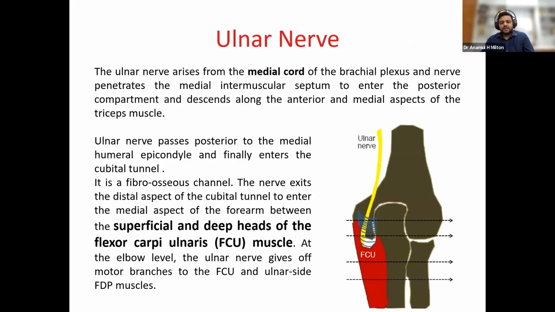Okay. Now the ulnar nerve, I will not go much into the anatomy, but one important thing, when the ulnar nerve crosses the posterior side of the elbow and the posterior part of the medial epicondyle and goes towards the elbow, at times the ulnar nerve travels through a channel.